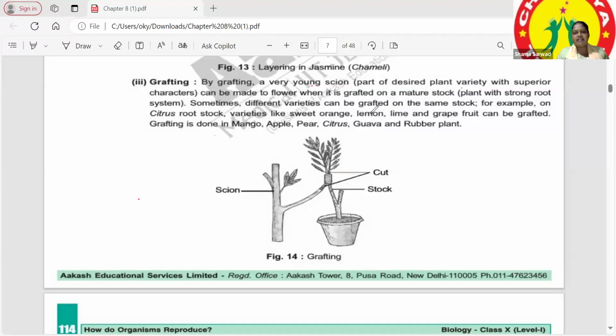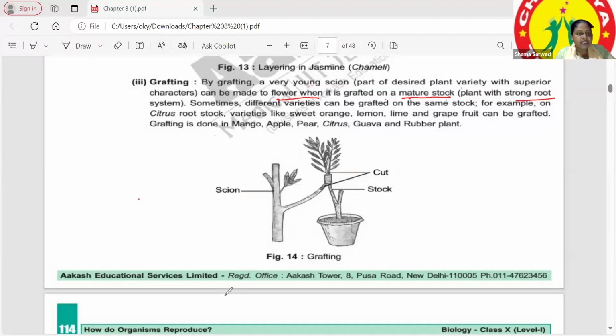Fine. So what about grafting? See, by grafting, a very young scion, the part of the desired plant variety with superior characters, can be made to flower when it is grafted on a mature stock. And what is a stock? A mature stock is a plant with a strong root system.